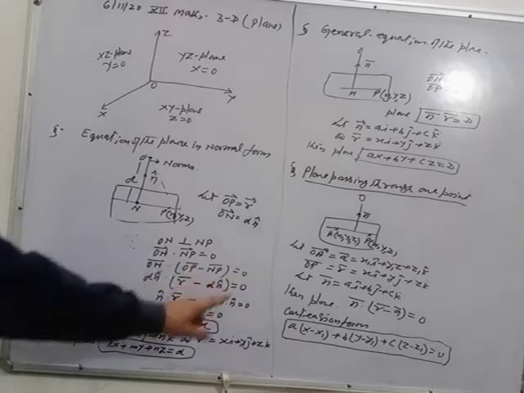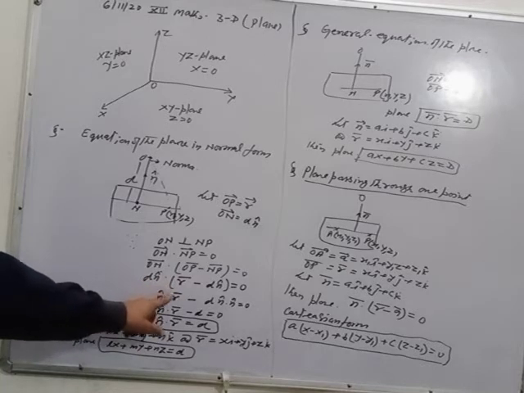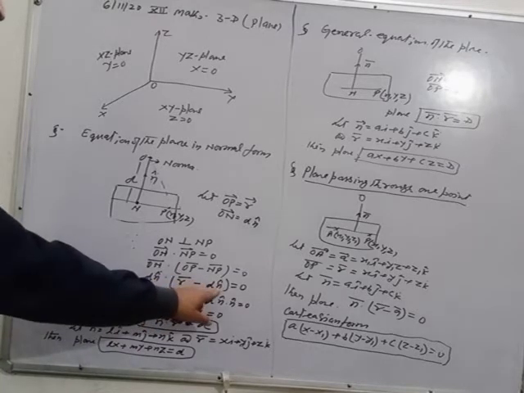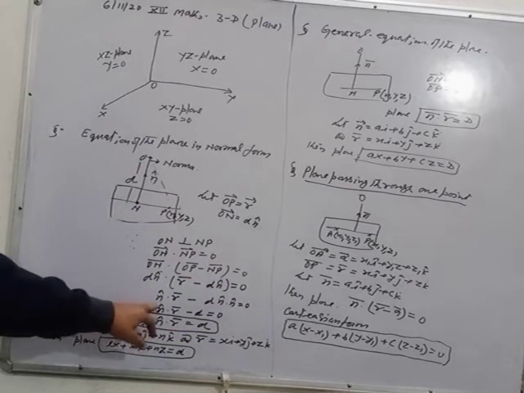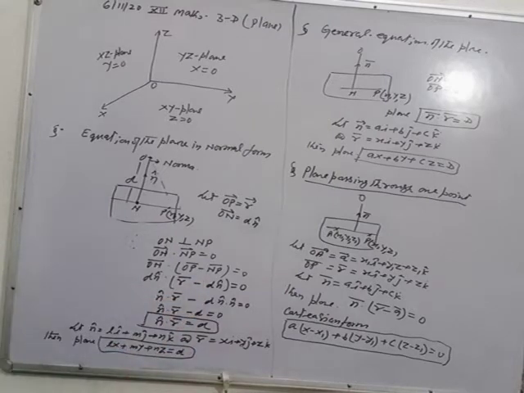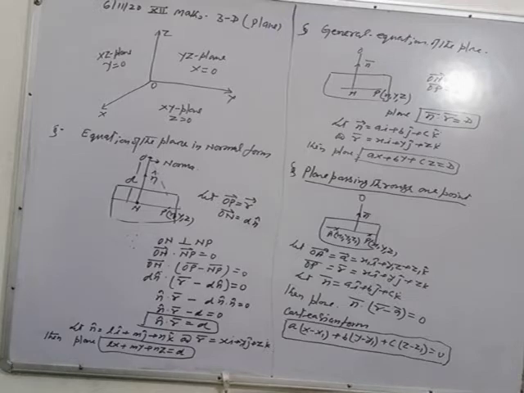D is not equal to 0, so you will get n cap dot R minus d n cap dot n cap, that is 1, so n cap dot R minus d. So n cap dot R is equal to d is what? Vector equation of the plane in normal form.